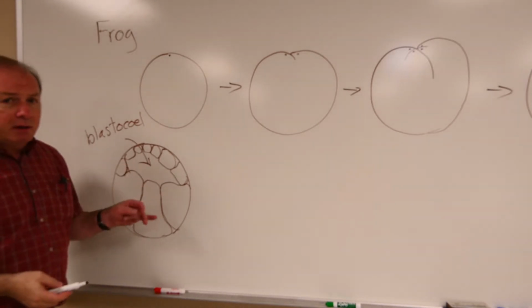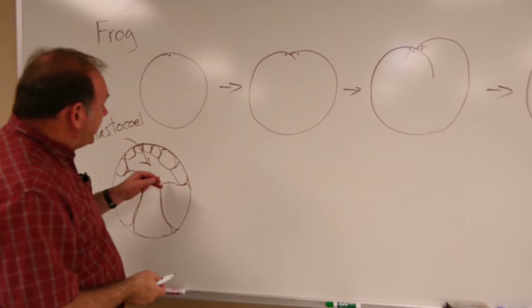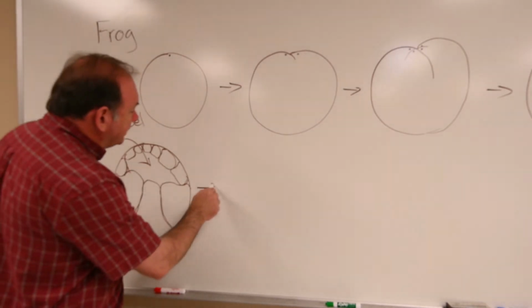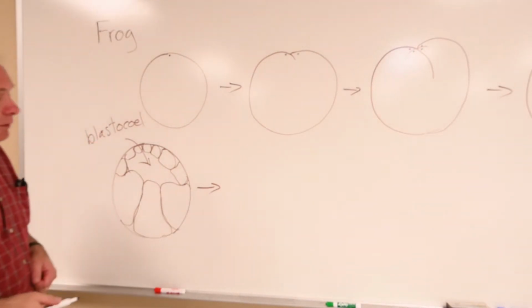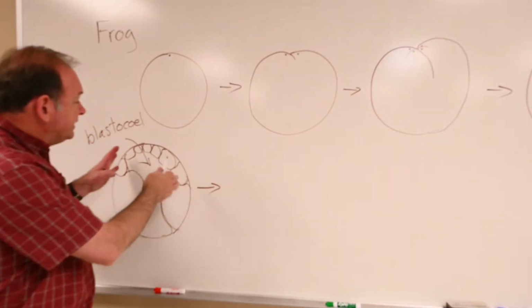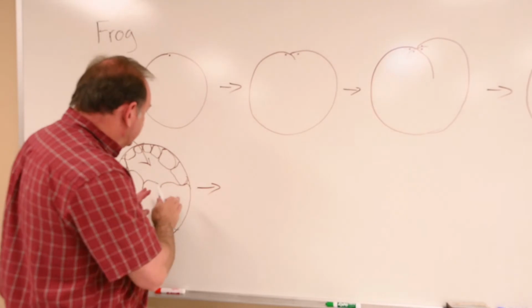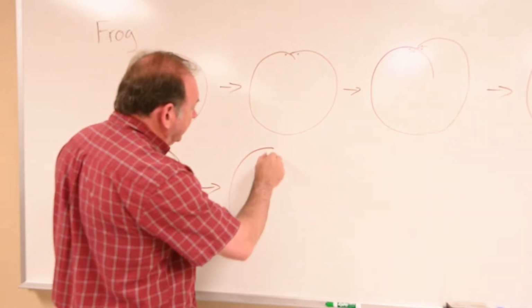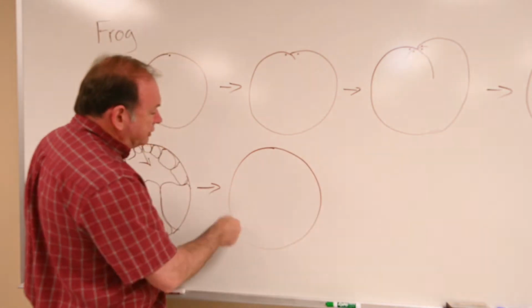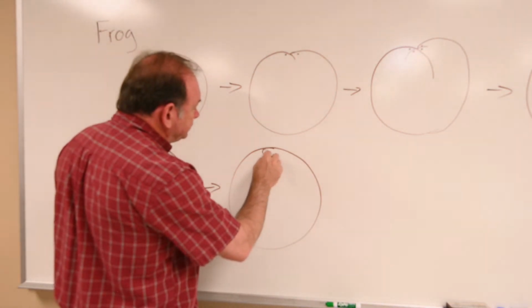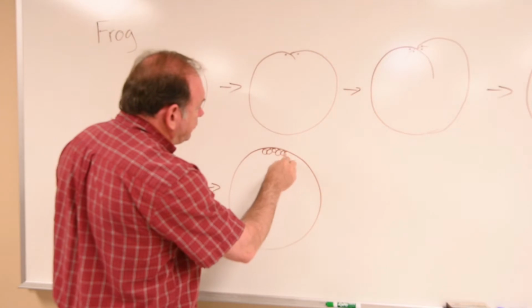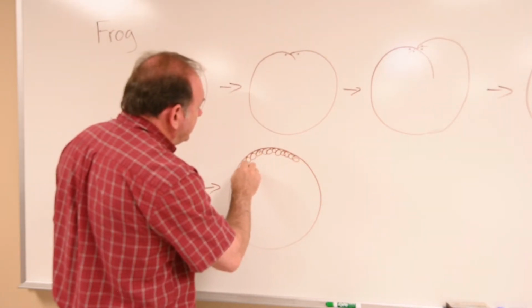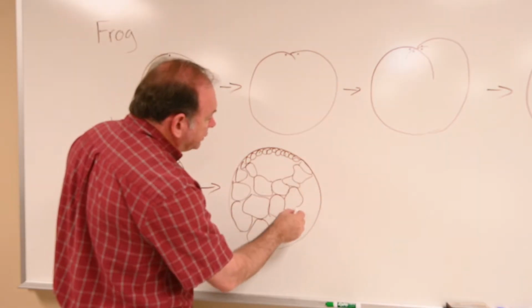By the way, you may occasionally run into the term blastomeres. Each cell of a blastula can be referred to as a blastomere. These cells continue to divide, and even the larger yolk cells down below will continue to divide. So a little later in the blastula stage, we still have much larger cells.